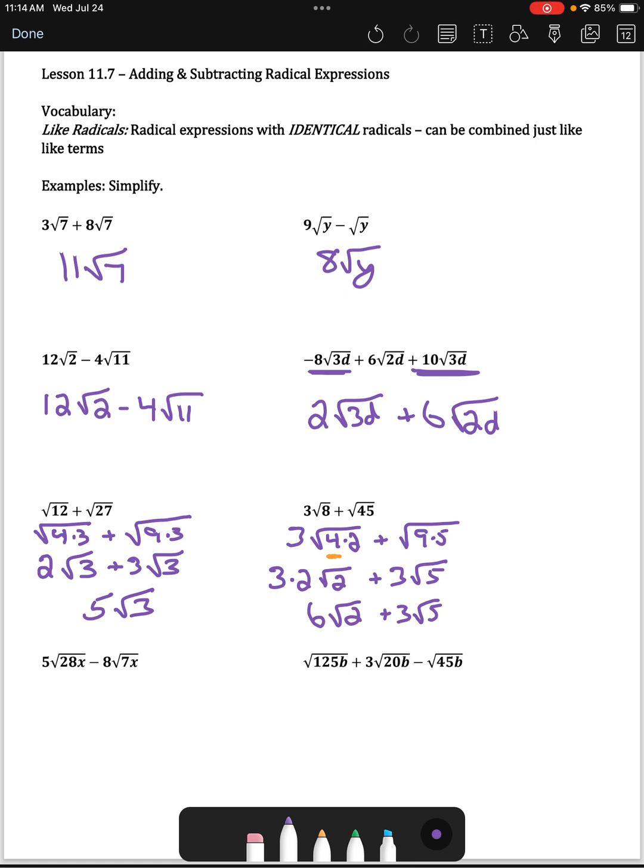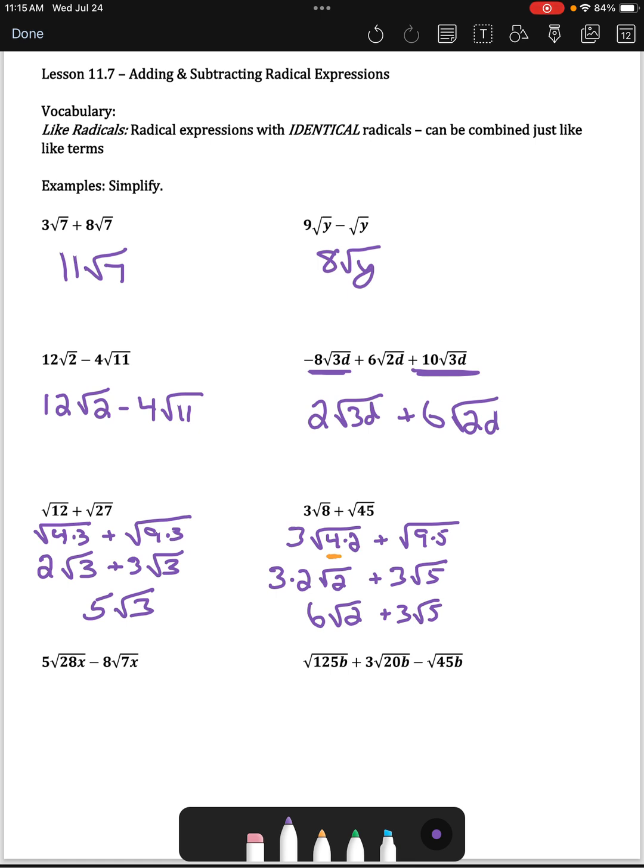Now you can't actually combine these anymore. Root 2 and root 5, different radicals. But you must get the radicals to their simplest form for the answer to be correct. So if this problem came up on a quiz and you looked at that and decided you can't combine them because they're different radicals, you would get this problem completely wrong because you did not simplify the radicals. You must simplify the radicals, and then if you can combine, you will combine, but you must always simplify.